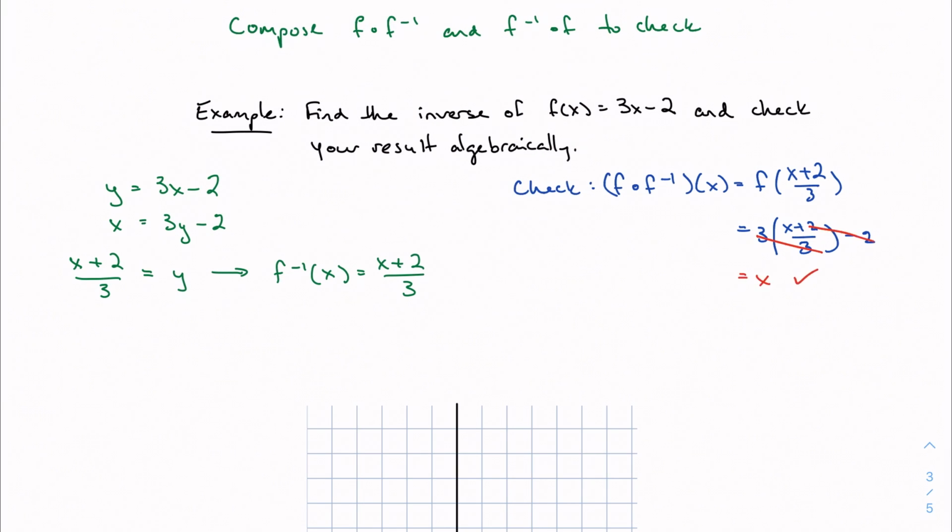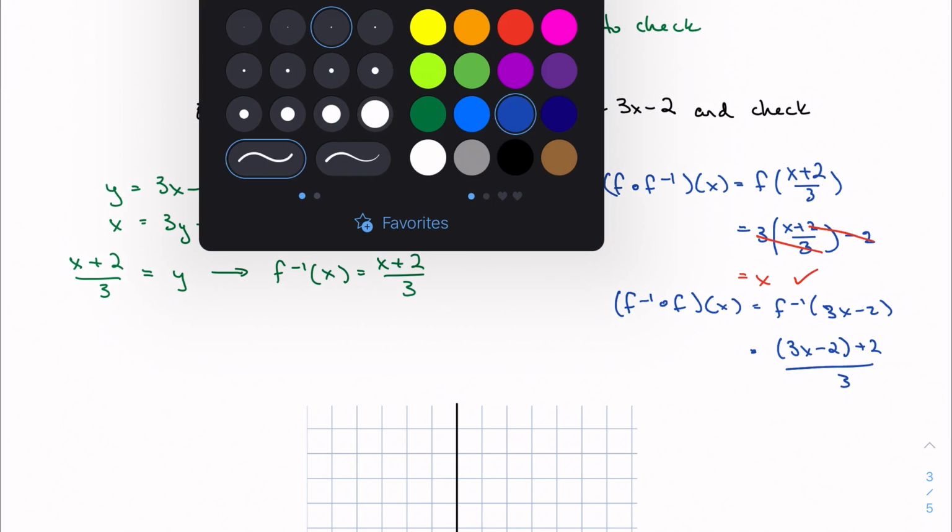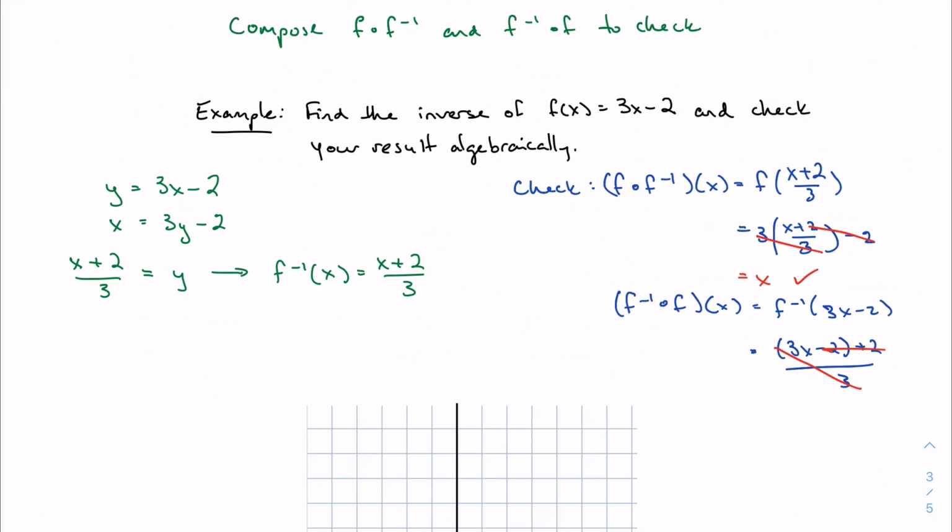That looks good. We need to check this the other direction as well. So I'm going to take f inverse of 3x minus 2. So I'm going to do 3x minus 2 plus 2 over 3. And again, the 2's will cancel, the 3's will cancel, I'm left with x, I'm good to go.